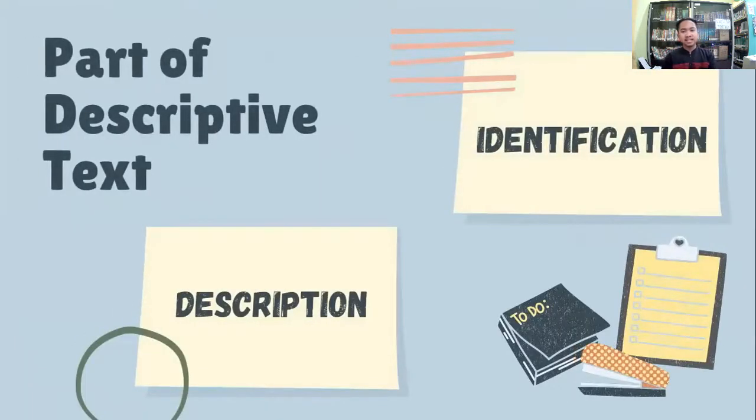Parts of descriptive text. There are two parts of descriptive text. Number 1 is identification, and number 2 is description. In the identification, we have to find out what we will describe about. Jadi kita cari tahu apa yang bakalan kita deskripsikan.